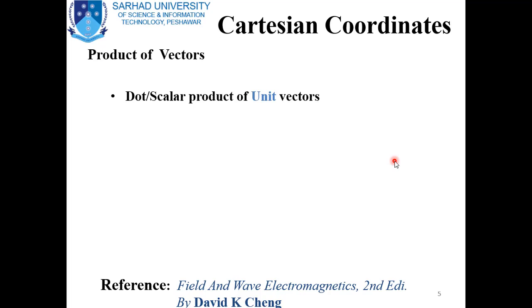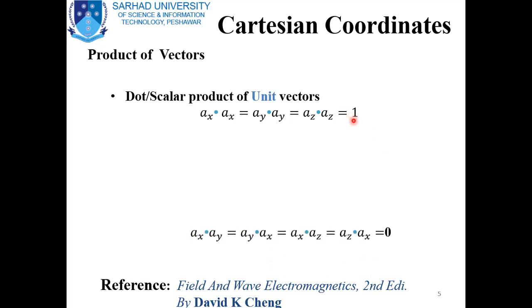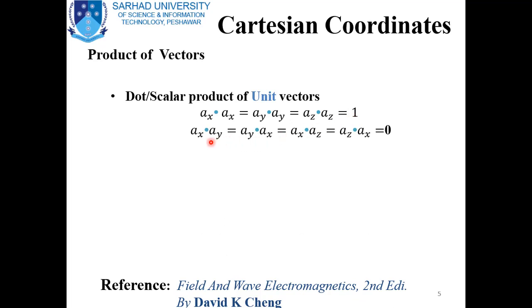These unit vectors follow these rules: when similar unit vectors are multiplied in a dot operation, the answer will be 1, and when different unit vectors are multiplied, the answer will be 0. Like ax dot ax gives 1, and ax dot ay or ax dot az gives 0.